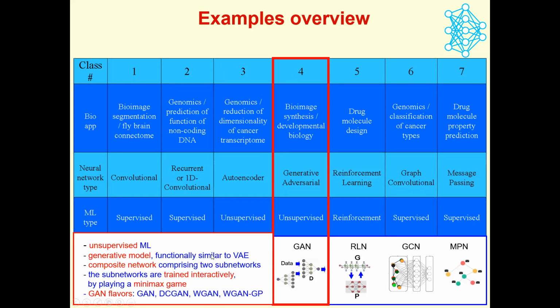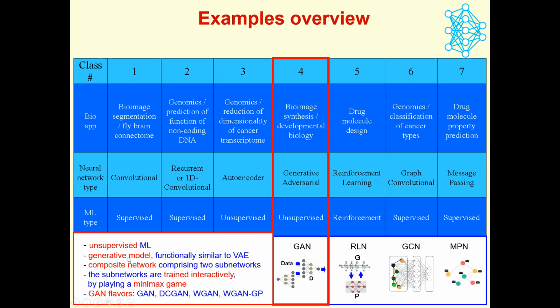The first comment is that it is an unsupervised machine learning approach. In the first two classes we discussed supervised machine learning. The third one was also unsupervised, which means there are no labels that will be used for training.